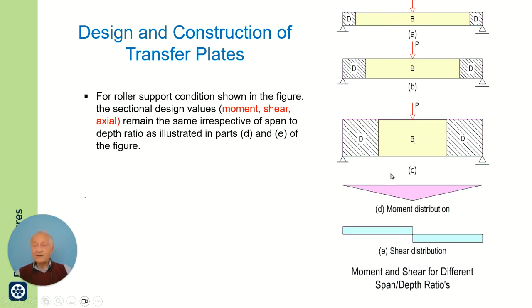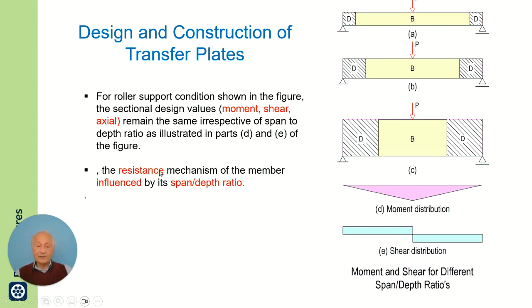It is the resistance that the member provides in accounting for the applied moment and shear which differs. The resistance mechanism of the member is influenced by its span to depth ratio.